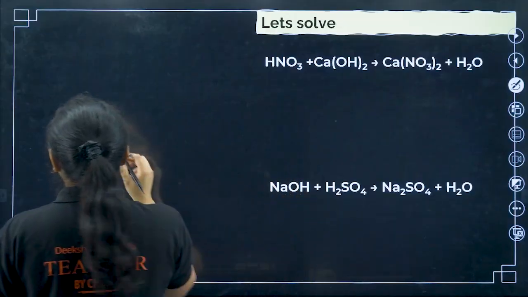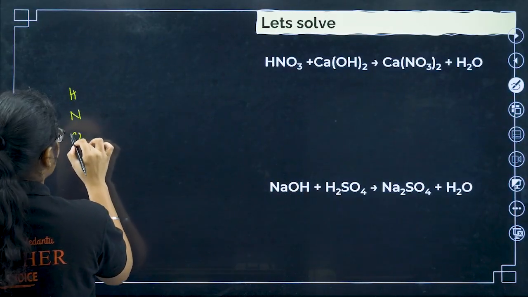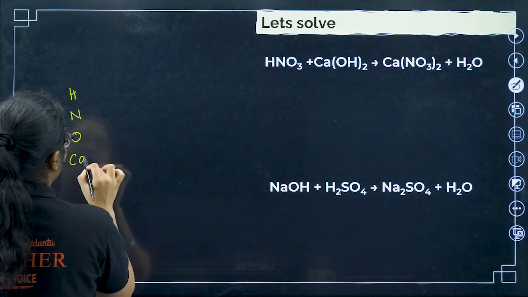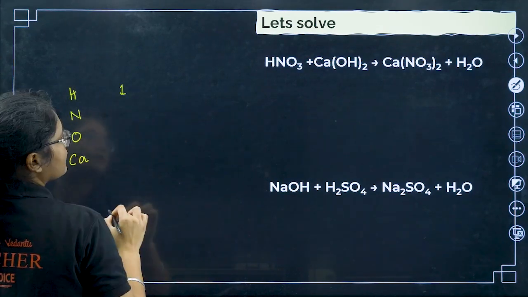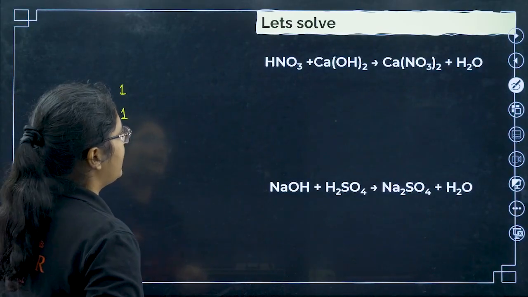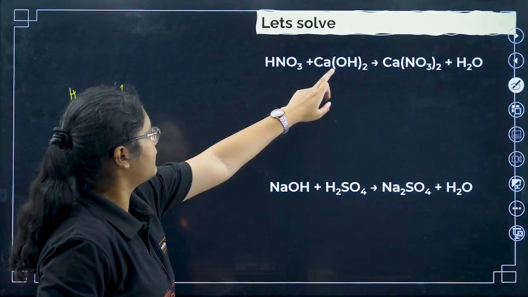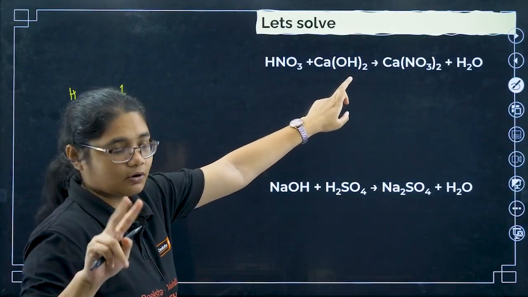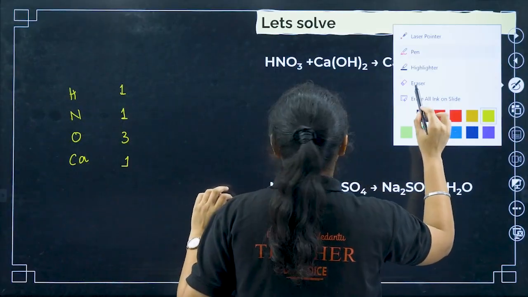So first of all, let me write down, I have hydrogen, then I have nitrogen, I have oxygen, then I have calcium. So hydrogen I have 1, nitrogen I have 1, oxygen I have 3, and calcium I have 1. Sorry, oxygen here, OH2 is there, means 2 oxygen, and here it is 3. So total I have 5 oxygen.